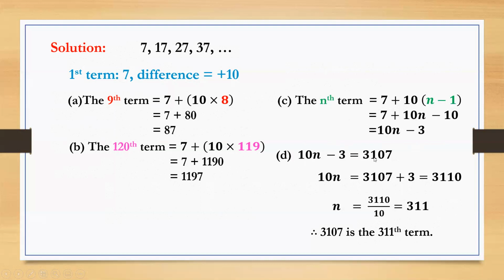Solving this equation now, I will get 10n equal to 3110 and n will be 311. So 3107 is in fact the 311th term.